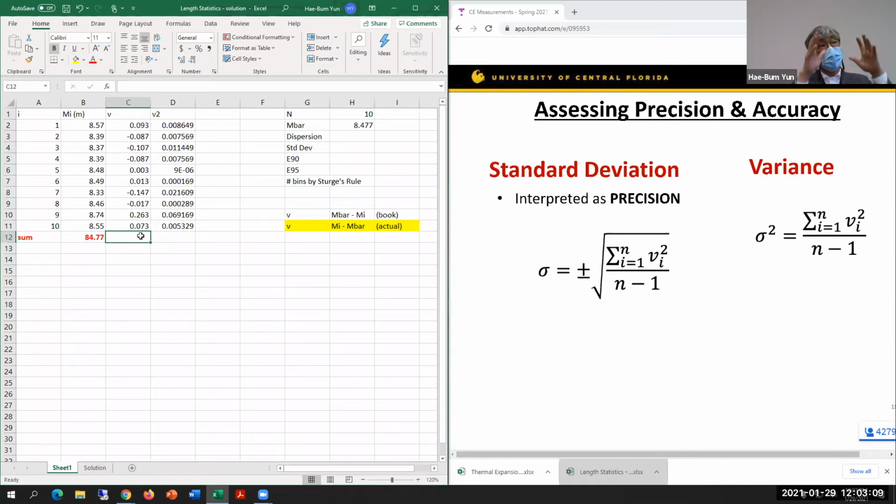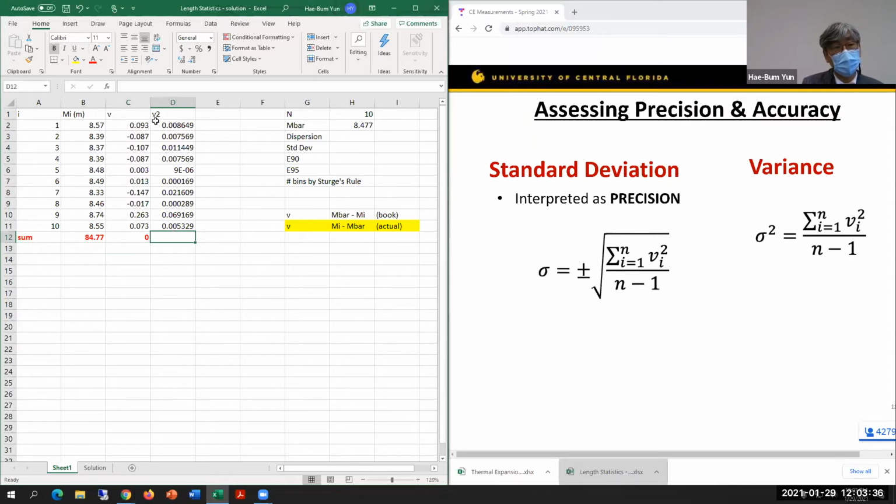So if you add all of this up, then that should be either 0 or very close to 0, right? So let's do that. Sum of these, so then you have a 0 value.